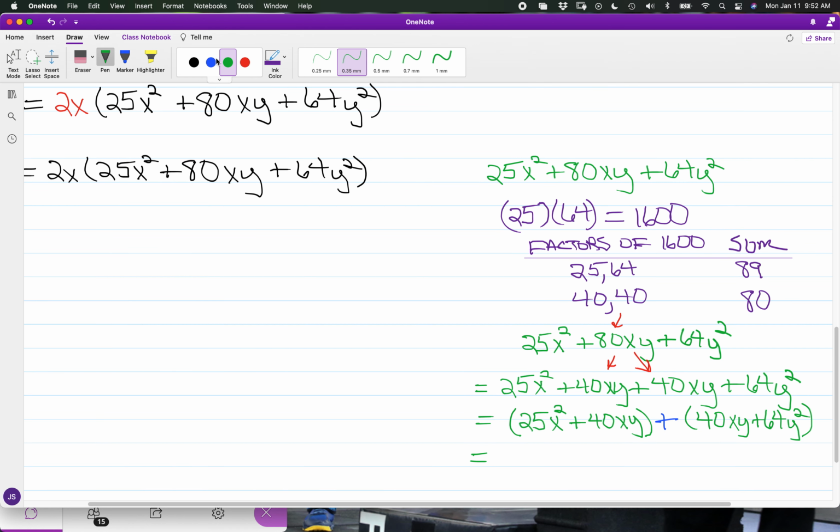And so just looking at what we have for the factors, 25x squared plus 40xy, greatest common factor, that is going to be 5 times x. And 5x into the first pair, this will be 5x plus 8y.